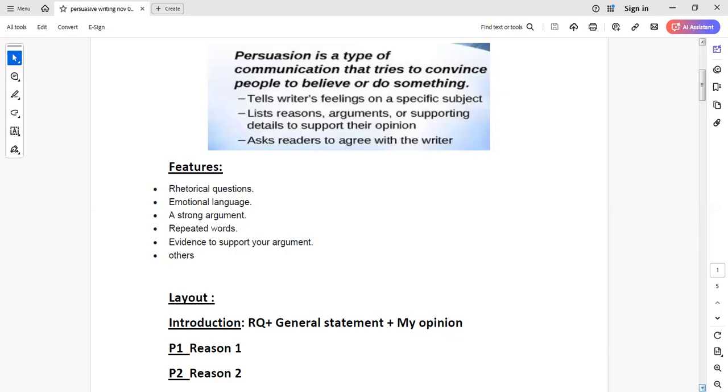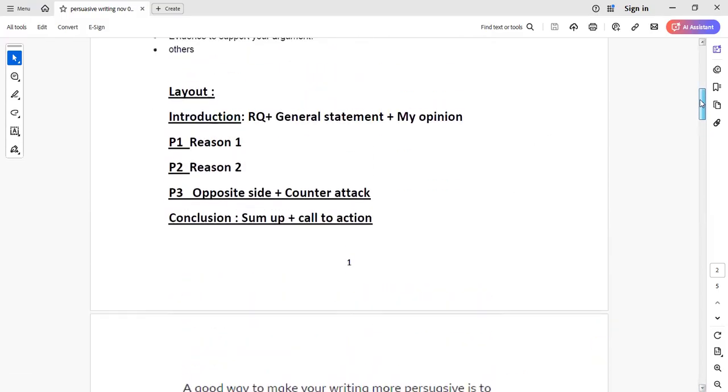Now, let's concentrate on the layout which we have to follow in writing persuasively. In the introduction, you should think about what to write. It's preferable to start with a rhetorical question or general statement.